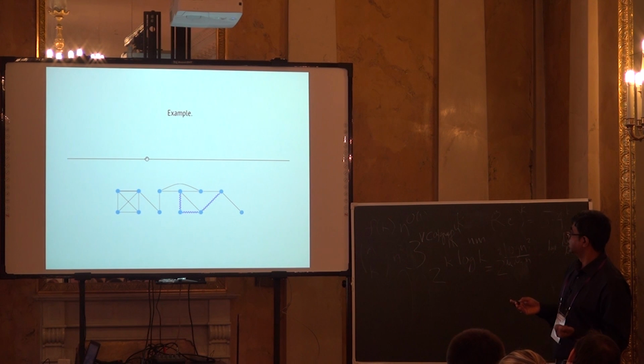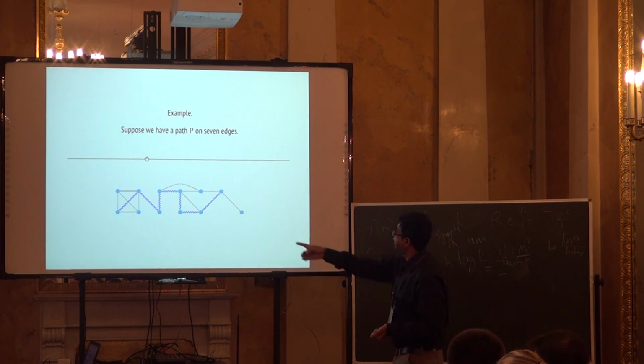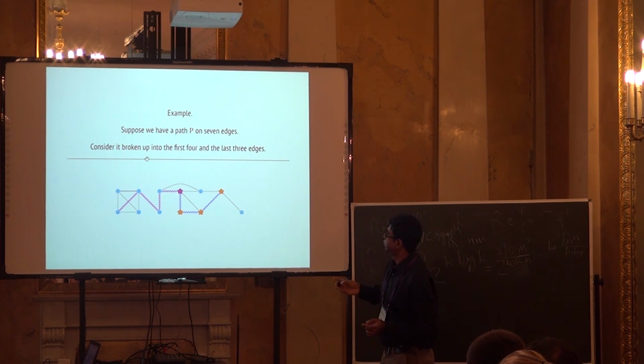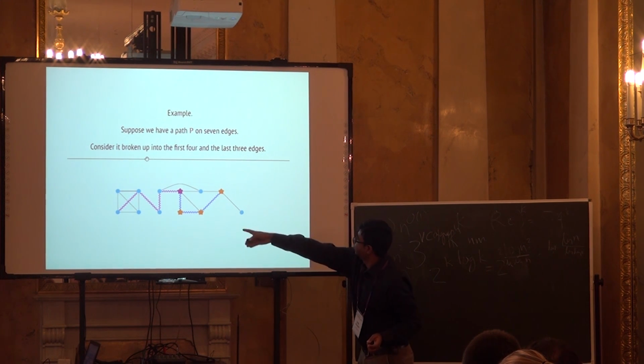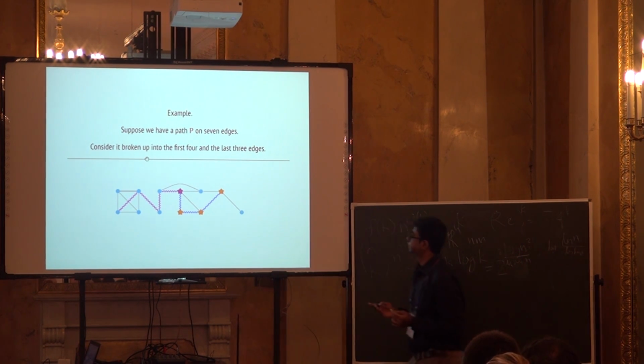So for example, let's look at this. Suppose we have a path on 7 vertices, and let's consider it broken into the first 4 and the last 3 edges. This is the first 4, and the magenta color is our breakpoint, and this is the last 3.